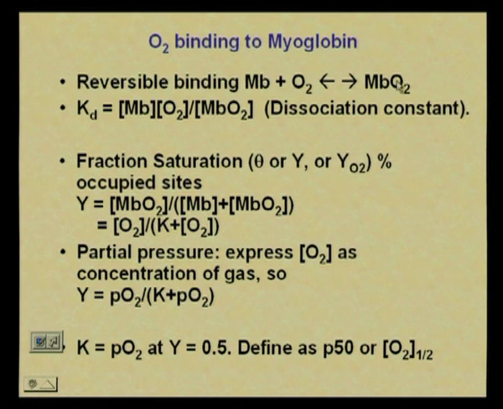So, if I wrote it this way, I would have an association constant, because I am associating the oxygen with the myoglobin, and the inverse of this is the dissociation constant. What do I have? I have MbO2, the concentration of myoglobin, concentration of oxygen, and the concentration of the MbO2. And where is the oxygen binding? It is binding to the heme of the myoglobin.